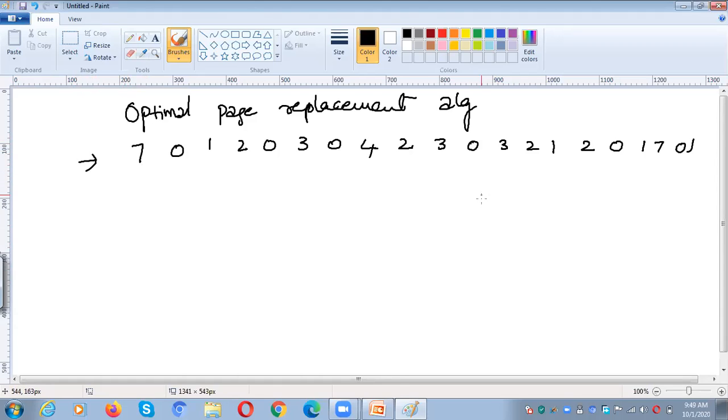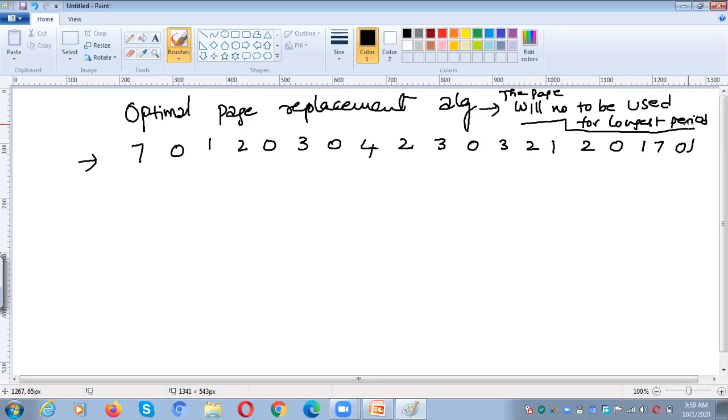So in the case of optimal page replacement algorithm, what we will do? We need to select a victim page. What is a victim page here? The page which is not used for the longest period.